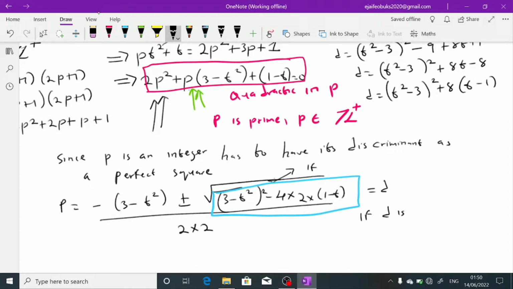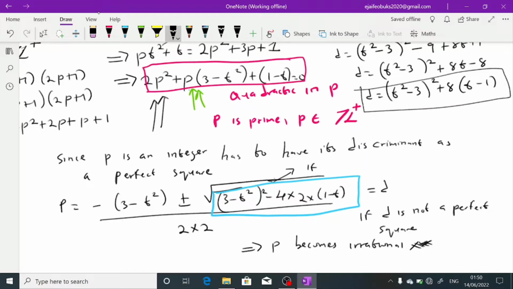If d is not a perfect square, then automatically you can see that p becomes irrational, which is not supposed to happen. So d has to be a perfect square. So this means d is a perfect square, good and fine.